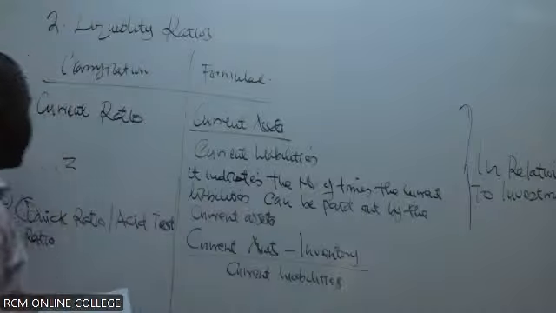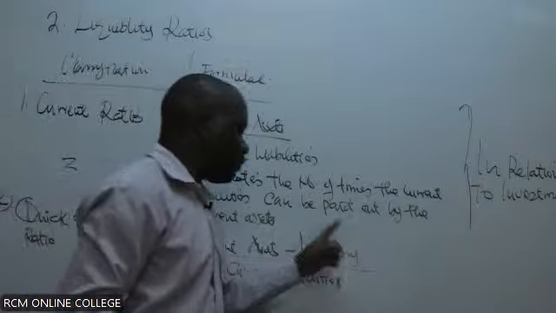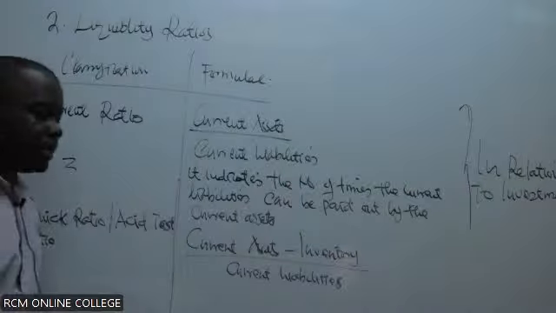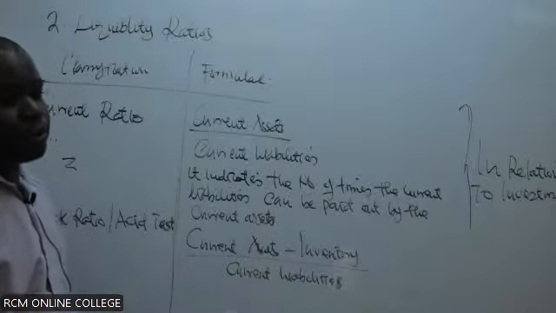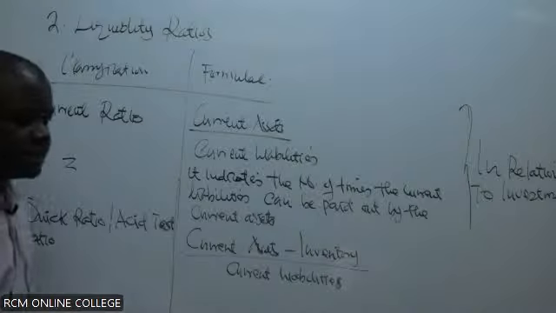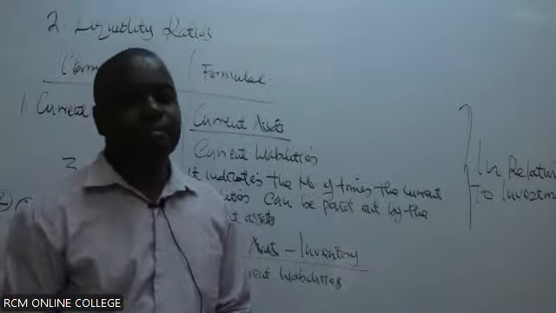It is known as the quick ratio or the acid test ratio because inventory, you cannot quickly convert into cash. It is not easy to quickly convert inventory into cash. But the remaining assets, you can convert into cash very quickly. Under the current assets, we can have receivables.